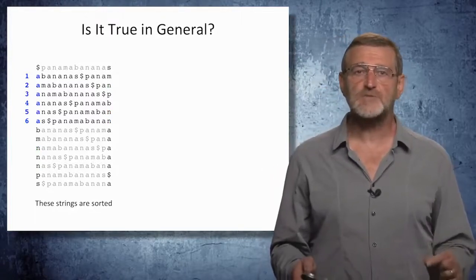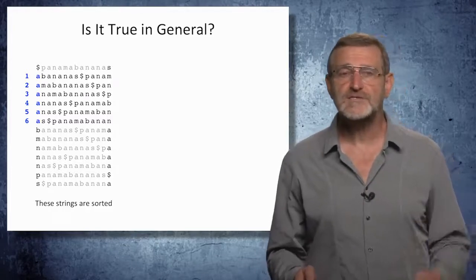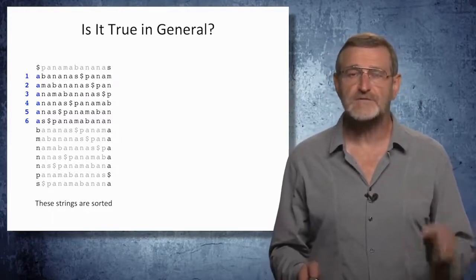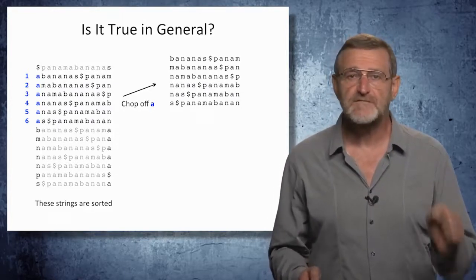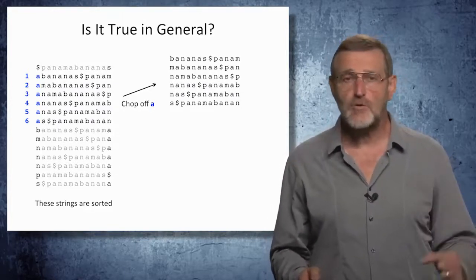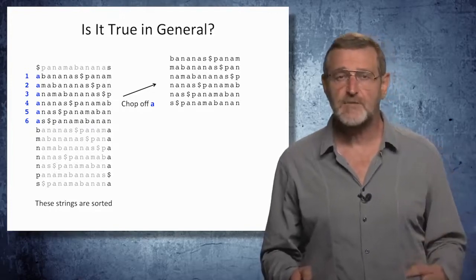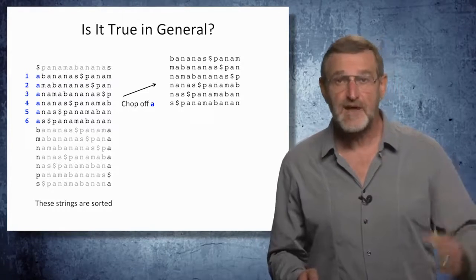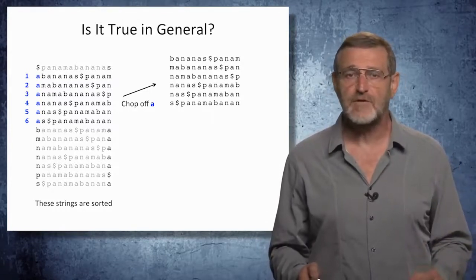Let's try to answer this question. Well, let's number all occurrences of A in the first column. And then let's chop off the first A. The sorted 6 strings that appeared in the Burrows-Wheeler transform matrix remain sorted because we simply remove the first identical symbol from all of them.